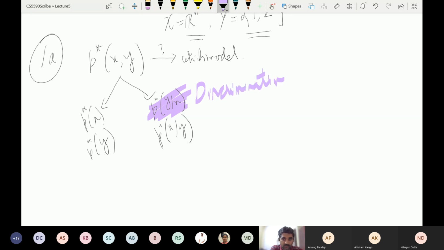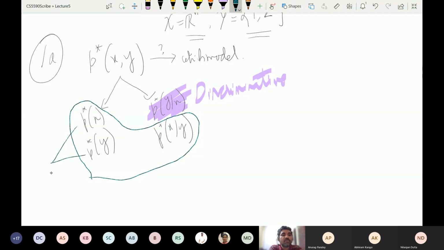So definitely this is to be left untouched when talking about generative modeling. What are the options left if you have to model a joint? You have to model some of these 3 likelihoods. That's the only possibility. Obviously if you just model the 2 marginals, you can never get the joint, because from marginals you can never compute the joint distribution.